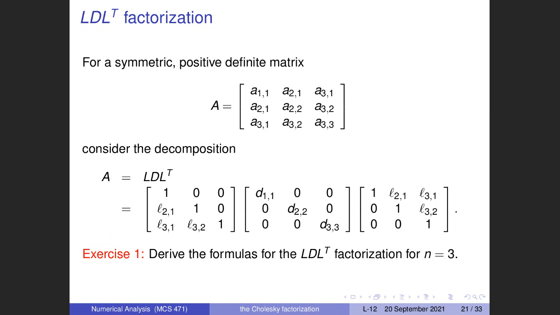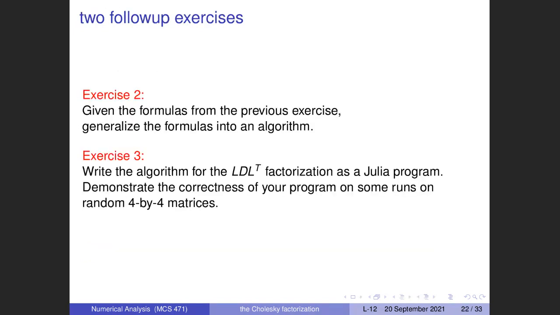It looks a little bit more complicated, but at the left of the matrix equation you have 6 known numbers, and at the right you have 6 unknown numbers. You have the formulas for the diagonal and then the formulas for the off-diagonal, lower triangular part. So derive the formulas. The next 2 exercises follow from that. If you have the correct formulas, SymPy might actually help you here.